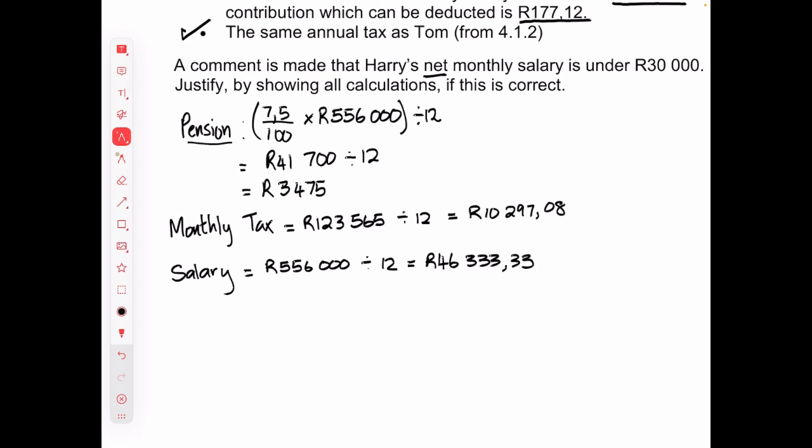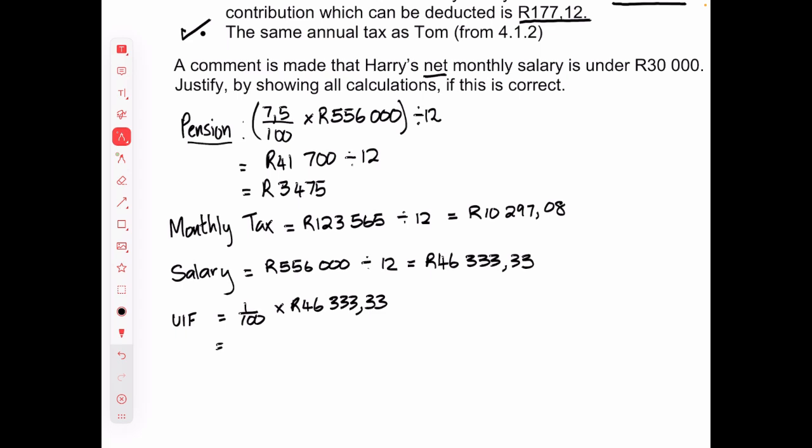So one of your deductions is going to be your UIF. So if we worked out our UIF, is basically 1%, and we can see that this is going to be more than 177. But anyway, we're showing our calculations. 46,333 Rand and 33 cents.